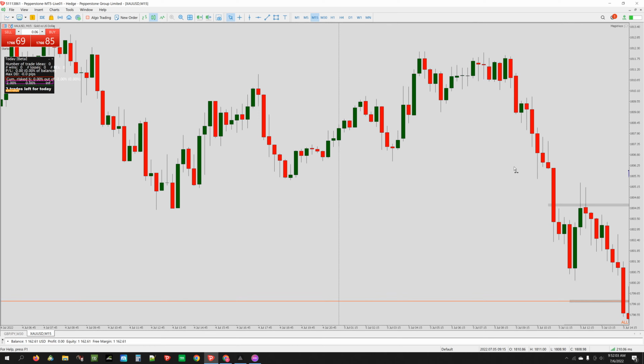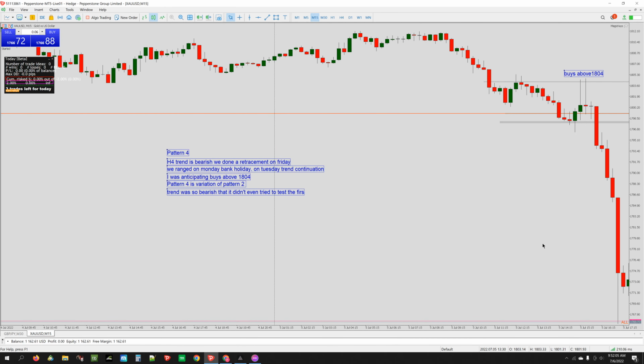The trend was so bearish that it didn't even bother to give us a fake out a little bit above, around 6-7 pips. If this wick was 6-7 pips further up, this was our confirmed trade for shorts, as per pattern 2.